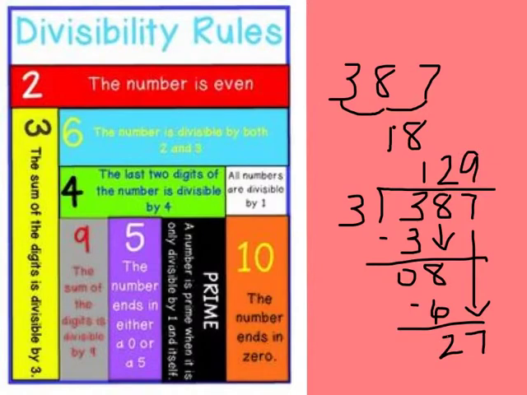So you can see that's going to work every time, no matter what the number. If the digits added together give you a number that you know is divisible by 3, then that number itself is divisible by 3.